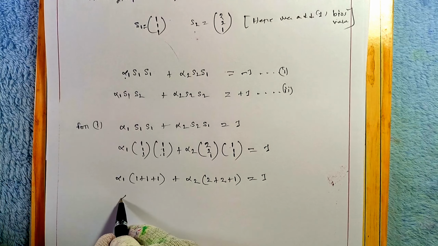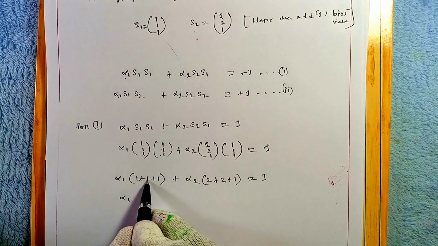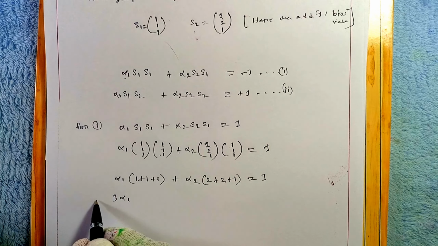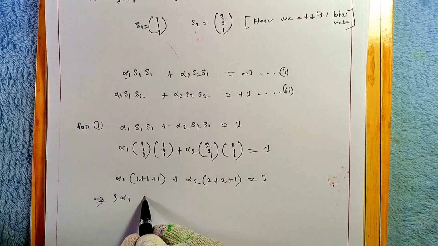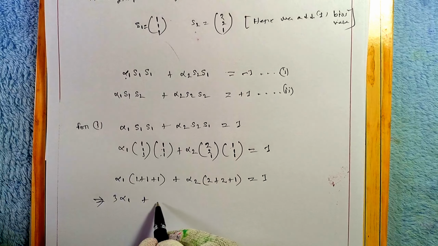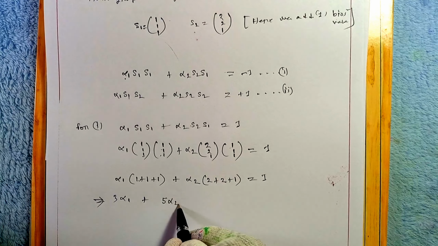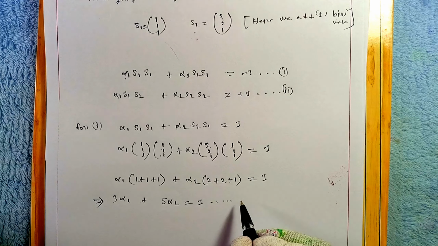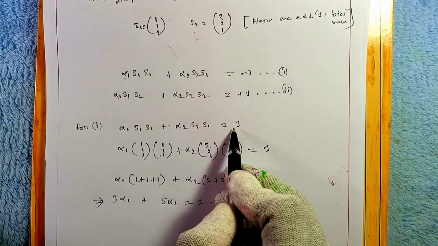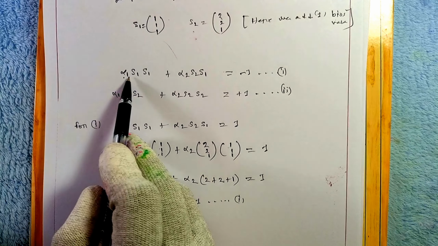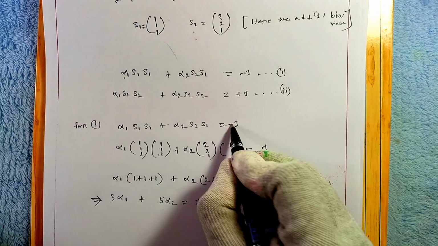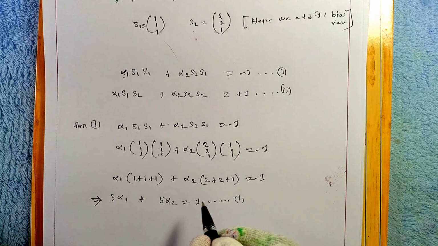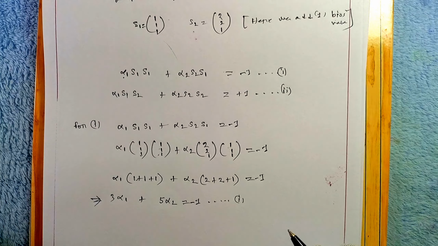So we got 3 alpha 1 plus 5 alpha 2 equal to 1. Now, one mistake: it will be minus 1, because this is for s1, so this is minus 1.